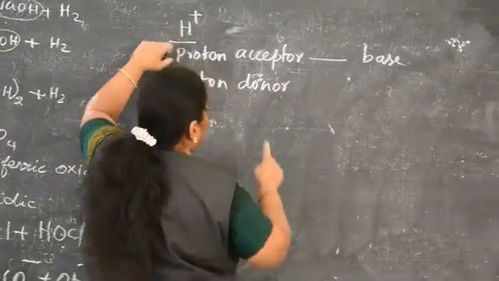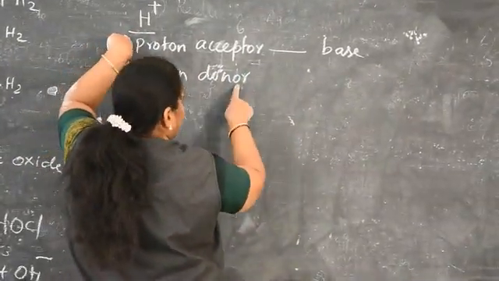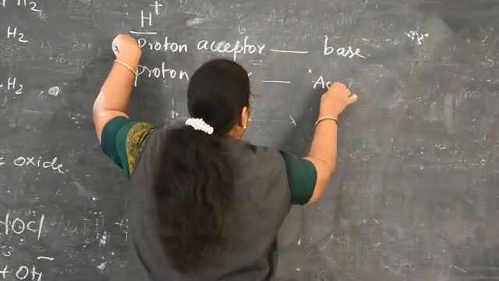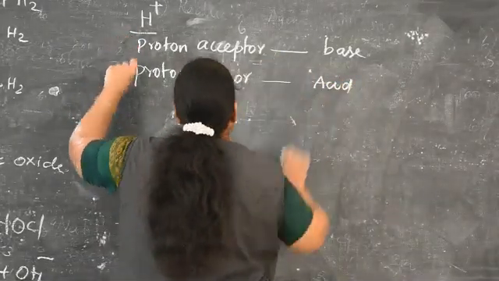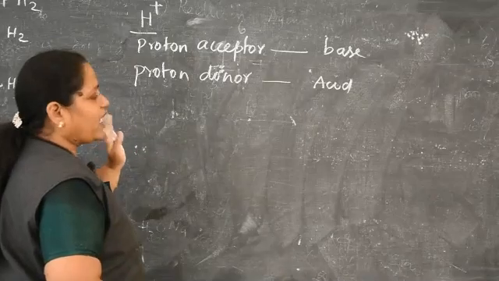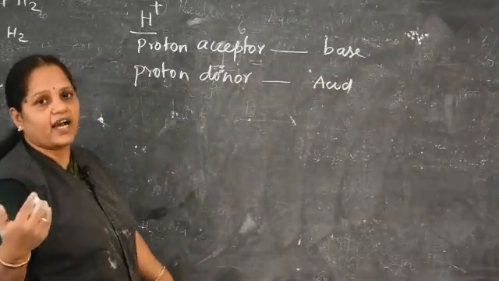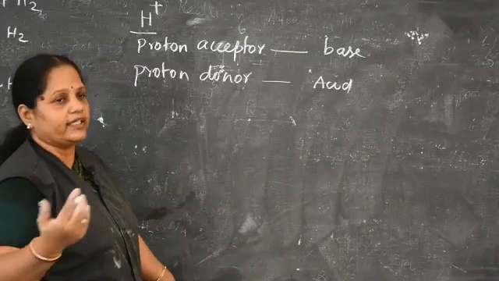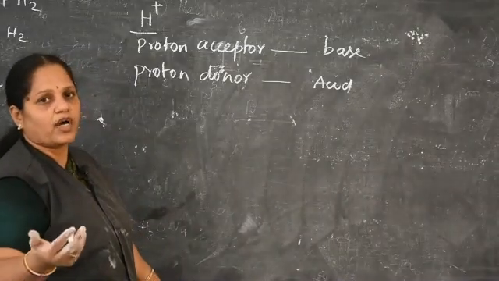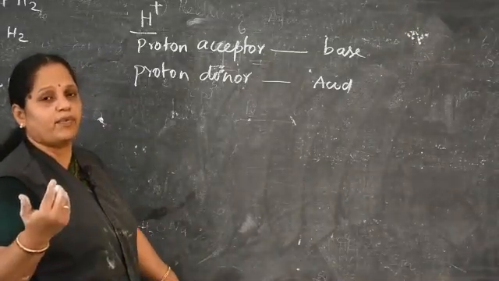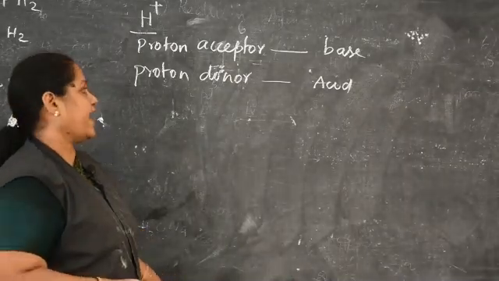According to the Lowry-Bronsted concept, proton donors are called acids and proton acceptors are called bases. So any compound which acts as either acid or base is called amphoteric in nature. Zinc oxide, aluminum oxide, and water molecules are examples of amphoteric oxides.